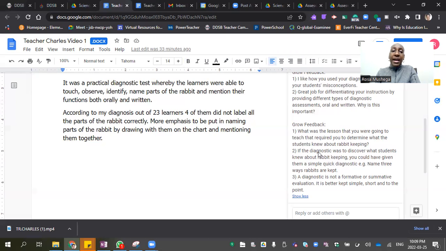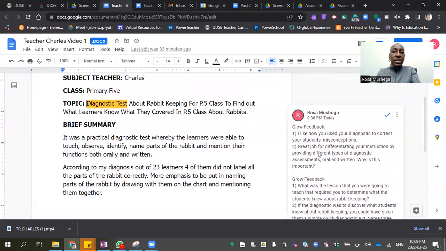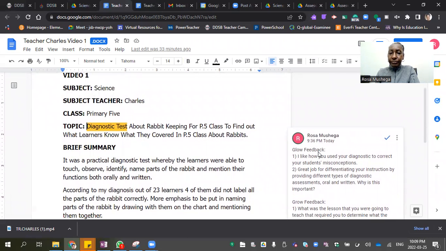If the topic was about rabbit keeping, then our question for the diagnostic should have been how are rabbits kept. And if you wanted to find out whether they knew how to label a rabbit and all of that, there were too many questions in that diagnostic. We need to really keep it simple. You just need the questions that you need for yourself. And remember, diagnostics, you don't put marks on them, because I saw someone got 95% or whatever.